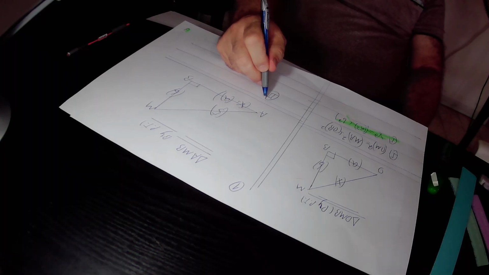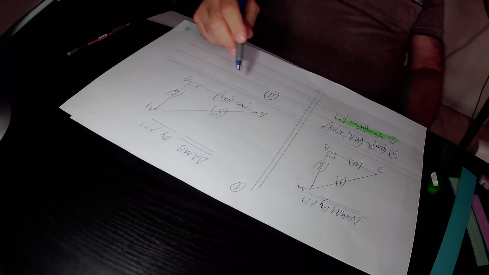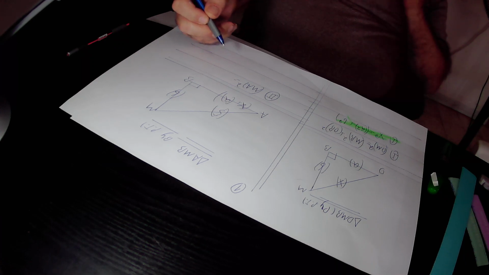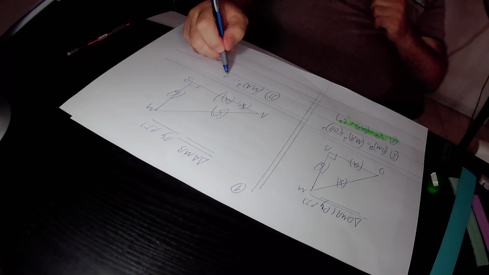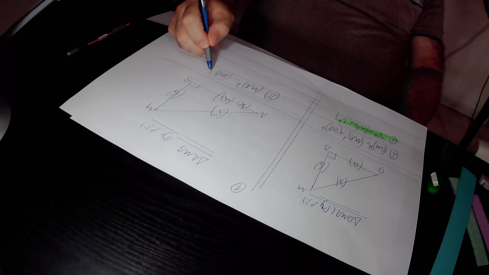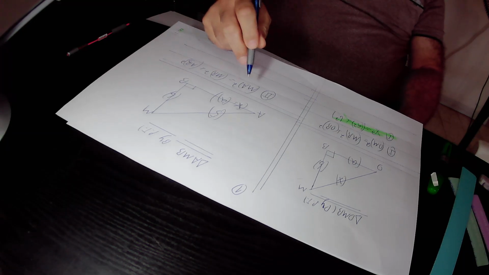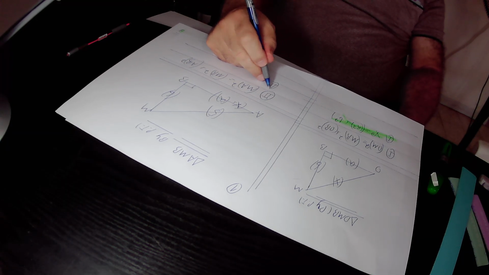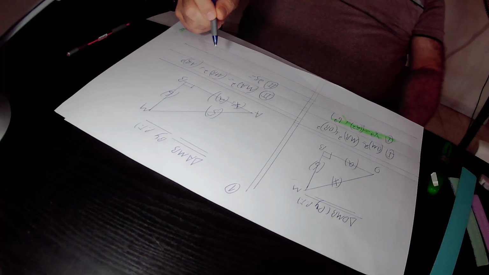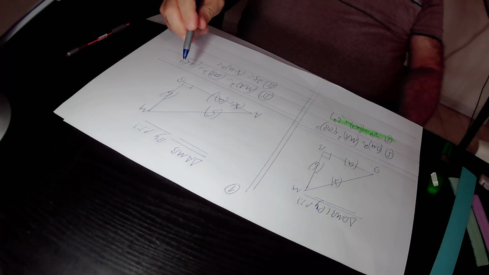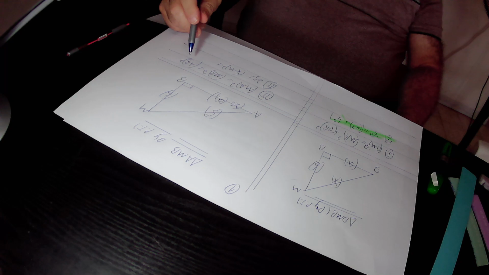According to equation 2, MA squared, the square of the hypotenuse, is equal to MB squared plus AB squared. MA is 5, therefore MA squared is 5 squared, that is 25, and it is equal to MB squared. MB is x plus a, therefore MB squared is (x plus a) squared, plus AB squared.